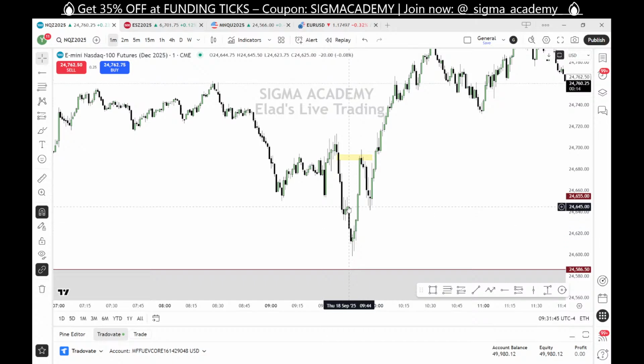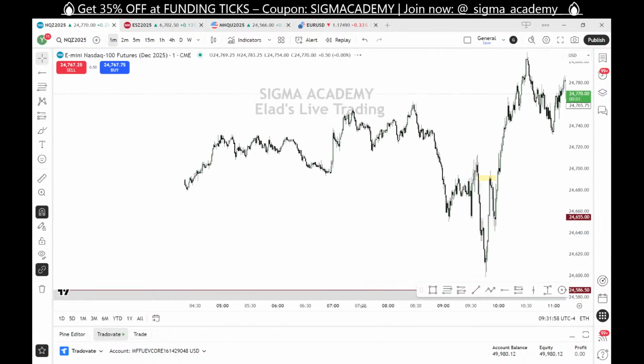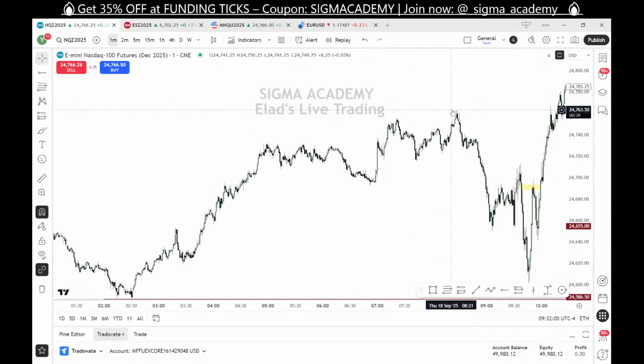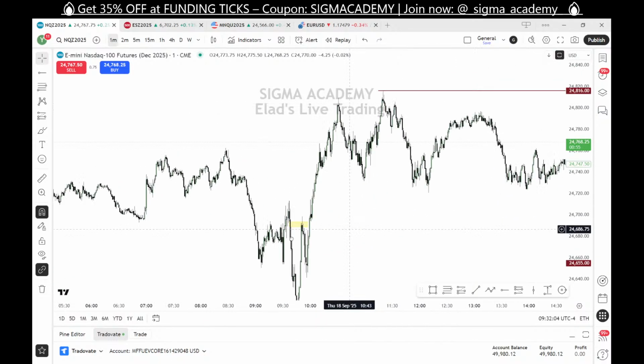Also this MSS, and we have fair value gaps in our favor. So in this area right here, where should the market go? Right to the all-time high. It's just here. This is where you should take your profits.